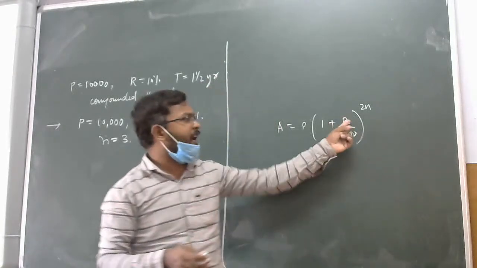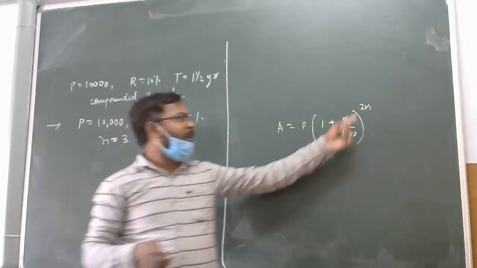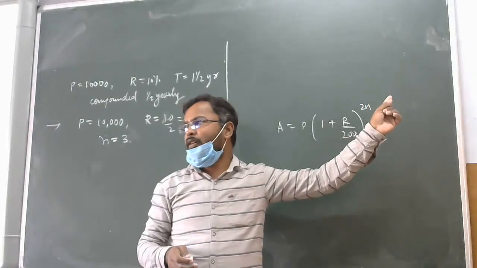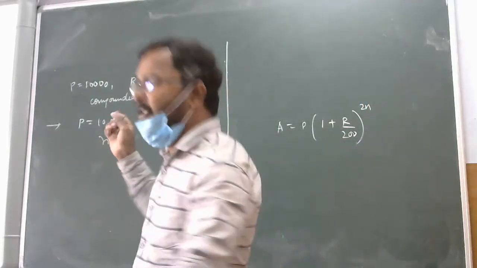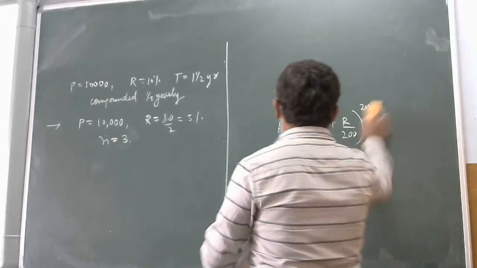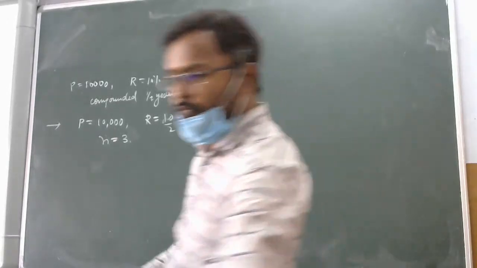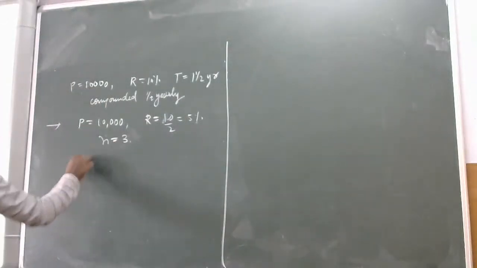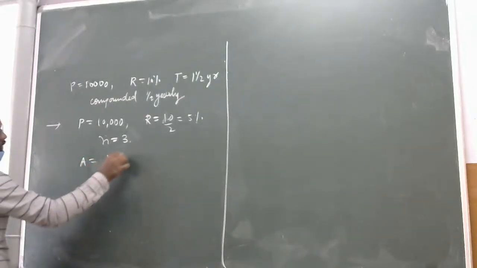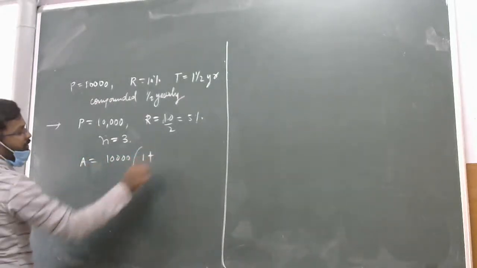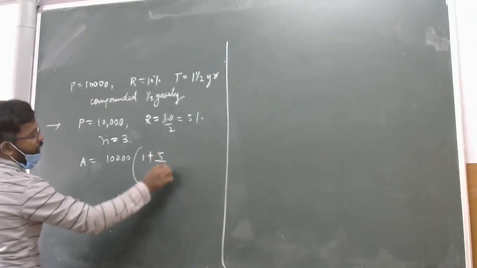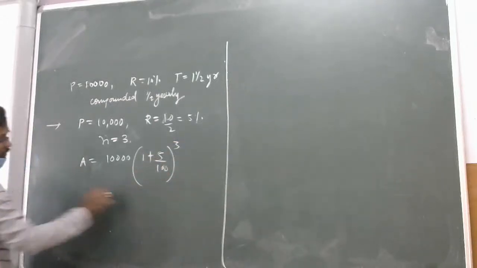It is the same thing: the rate they are dividing by 2, and the time period they are multiplying by 2. But this is a very easy method. So how much will we get? Amount is equal to 10,000 into 1 plus 5 by 100 whole to the power of 3.